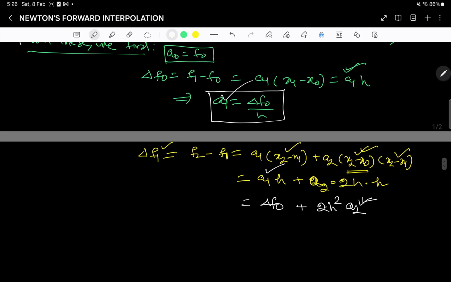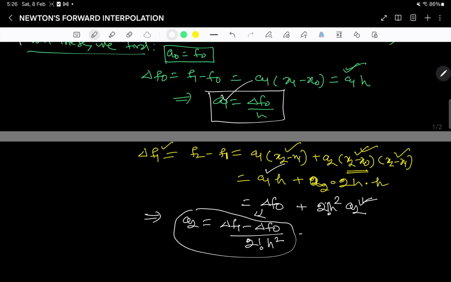Okay, and you can write it also 2 factorial. This 2 will be 2 factorial here. So now this implies a2 will be, bringing this to this side, del f1 minus del f0 divided by 2 factorial h square. Okay, so now this will be del of f1 minus del of f0.